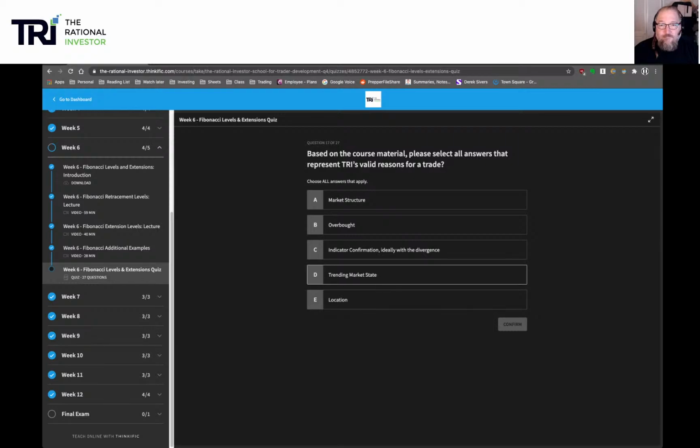So, and then based on the course material, please select all the answers that represent TRI's valid reasons for a trade. Okay. So, market structure is going to represent a valid reason for a trade. Location.